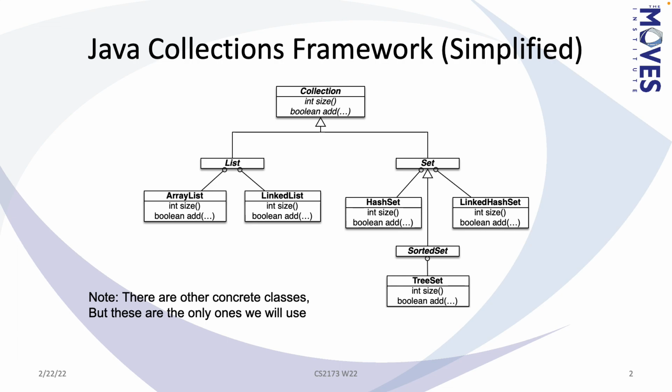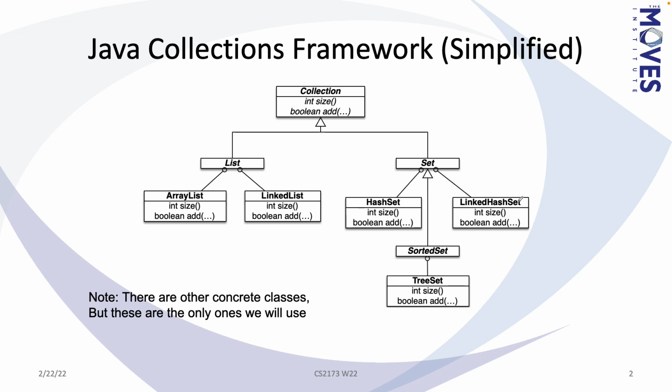But when you filter out what, in my experience, have been the main data structures that I've used, they are the array list and the linked list. And I talked about why you might want to use one or the other, depending on the context.